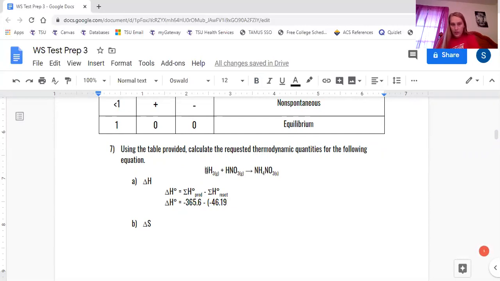Then we're going to add the H naught of the HNO3. We find that on there, and it's negative 134.3. Just go ahead and type this in the calculator straight up how it is, and then you'll be able to find your H naught here.